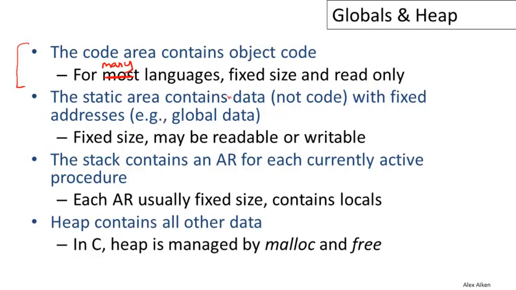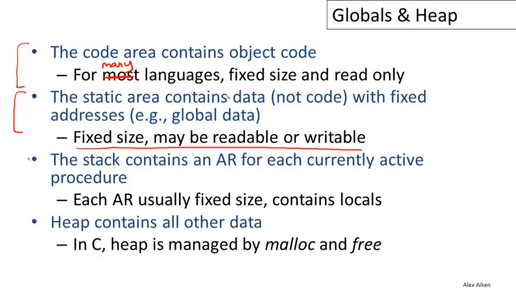I should say that there are many languages also where this is not true, and code can be dynamically created at runtime. The static area would contain data with fixed addresses, and this would be things like global variables. And this is also typically fixed size, but it may be readable and writable, as opposed to the code, which you generally don't want to be able to write.